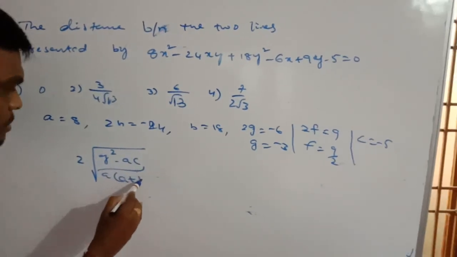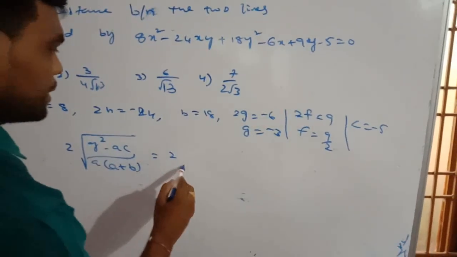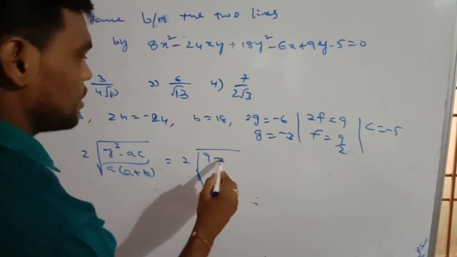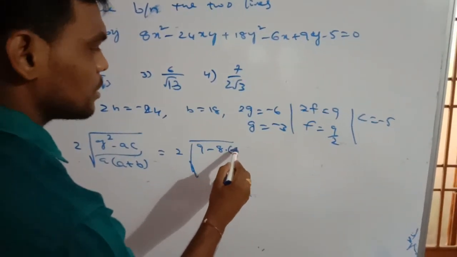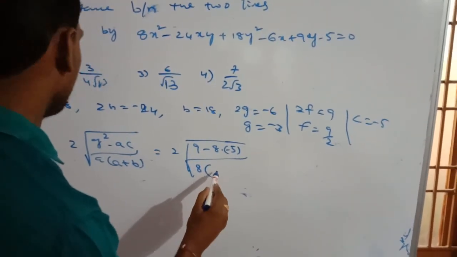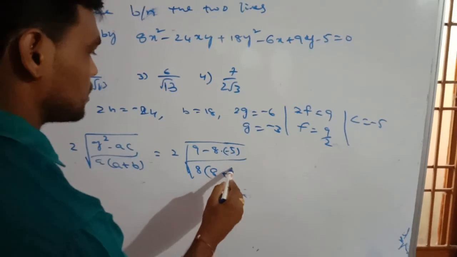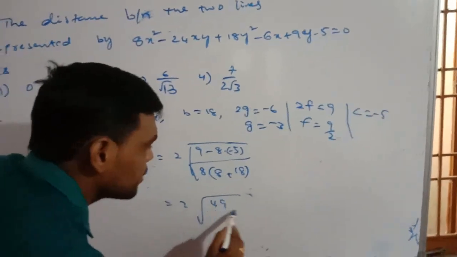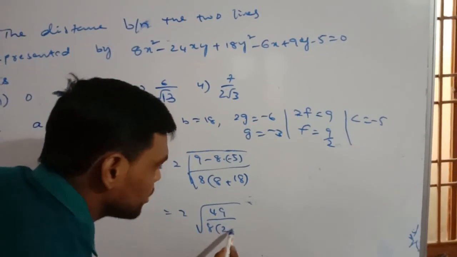Now the distance between the lines is 2 into root of g square minus ac by a into a plus b, and this is 2 into root of g square minus ac. Here a is 8, c is minus 5, by a into a plus b, 8 into a plus b. And this is 2 into root 49 by 8 into 26.